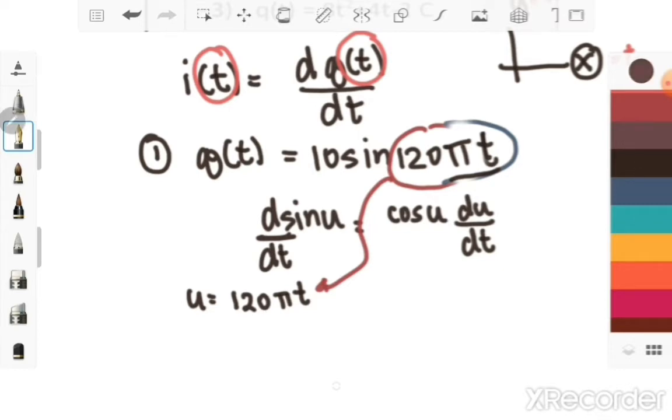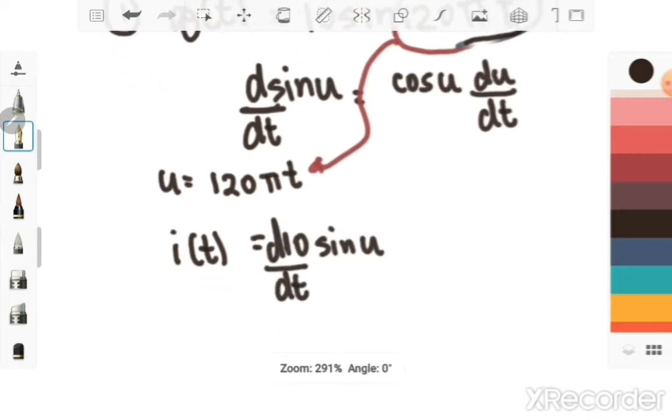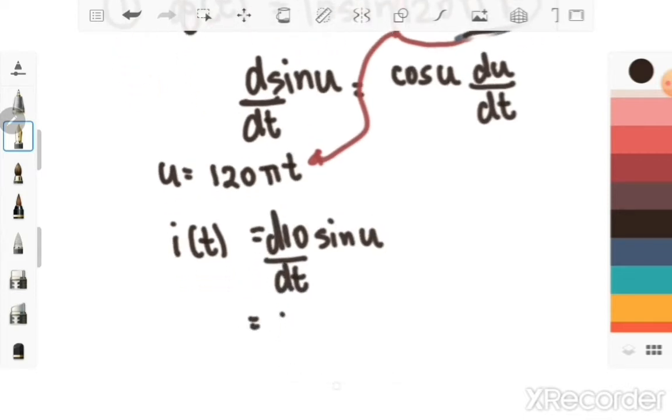So, you have your I sub t is equal to 10 sine u. Getting the derivative of sine u with respect to dt will have a value equal to 10 cosine u du over dt.